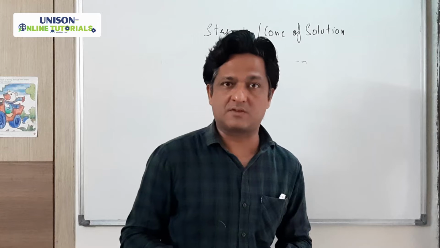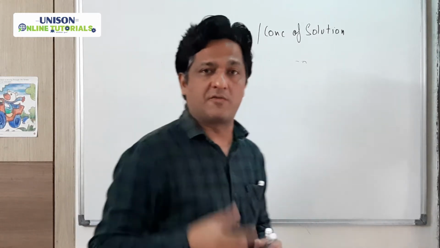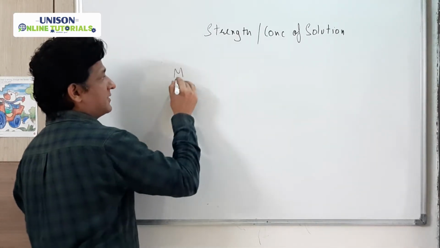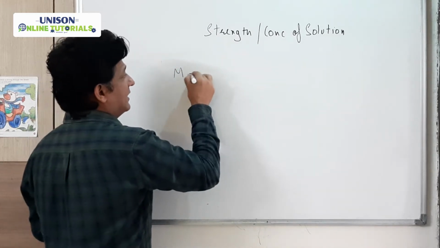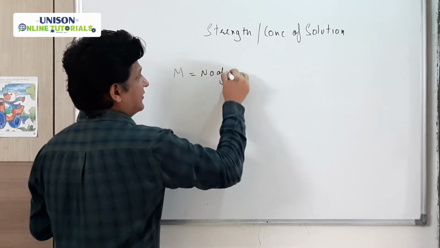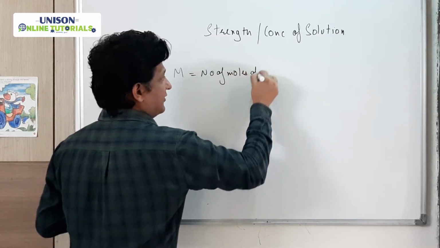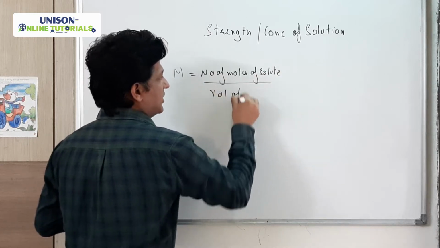We will discuss both together, molarity and molality, because there is only a small difference between the two concentrations. Molarity is represented by capital M. Molarity is equal to number of moles of solute, moles we did in the previous lecture, upon volume of solution in liter.